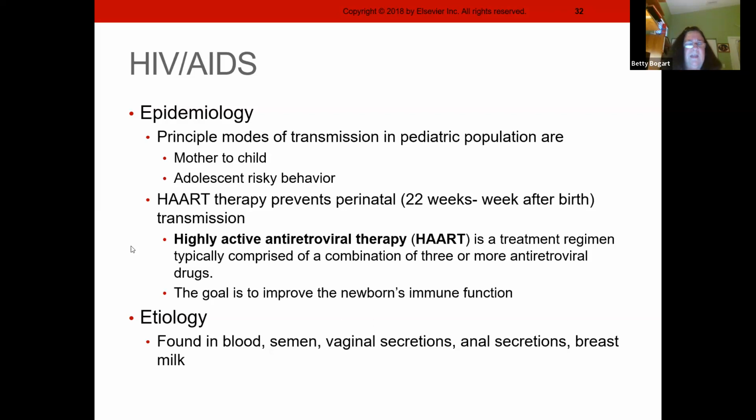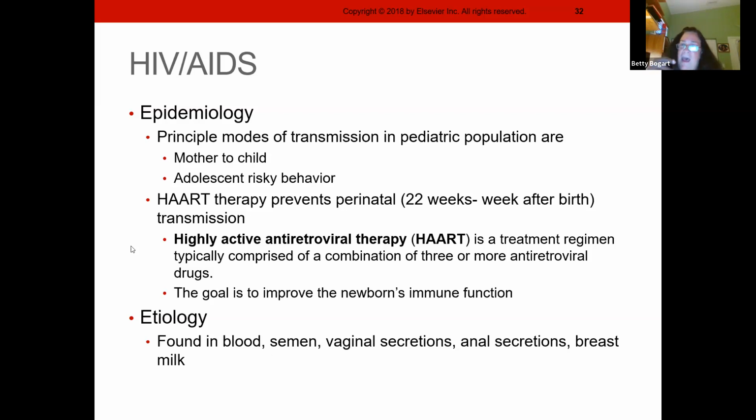So what they come up with is HAART, a highly active antiretroviral therapy that we start administering to the mother at 22 weeks of gestation. And when the baby's born, we continue it, so that we're trying to stop that virus from going to the child, okay?